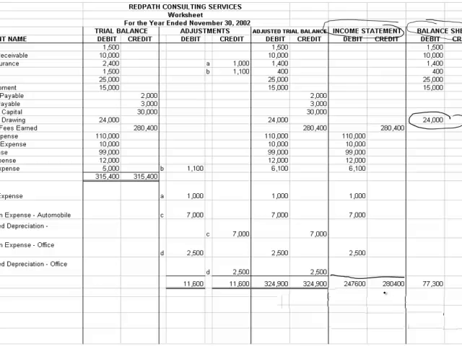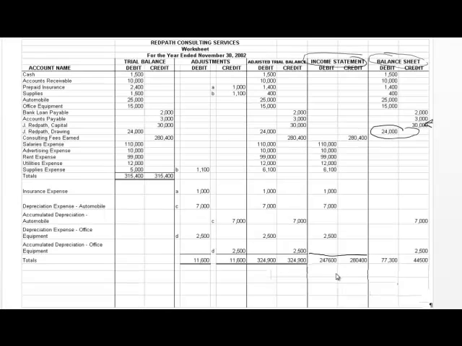Yes, we did. So we can look at that and say, okay, we're going to have net income. How much is the difference between $280,400 and $247,600? Okay, hopefully you found the difference between these two columns to equal 32,800.